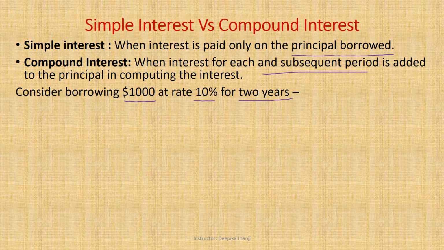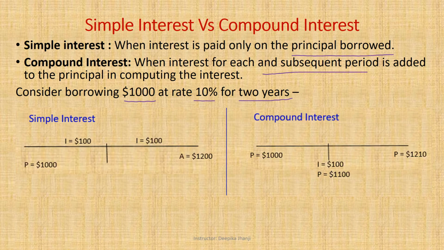Now the calculations for simple interest and compound interest are, in case of simple interest, when we borrow 1000, we're going to pay 10% interest, right? So 10% of the principal borrowed, which is 1000, and when we calculate this comes out to be $100. That means for the first year we're going to pay $100.